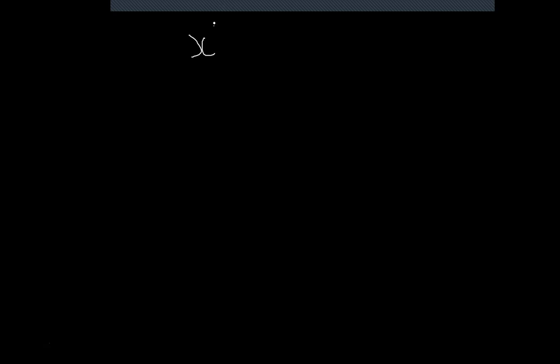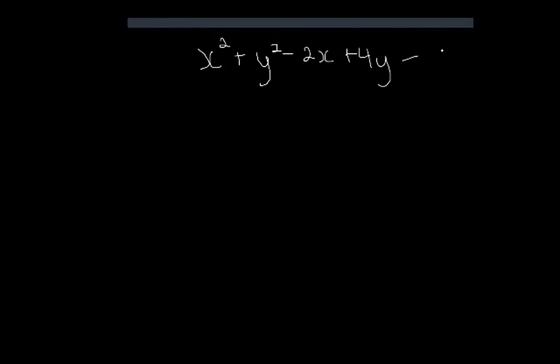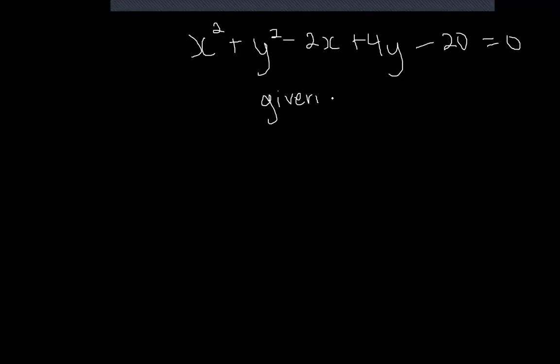In this case, they gave you that the equation of the circle is x squared plus y squared minus 2x plus 4y minus 20 is equal to 0. And they told you that the normal passes through this given point, which has the coordinates 5, 1. First step. Remember, the first two steps are the same. First step, you want to find your center.